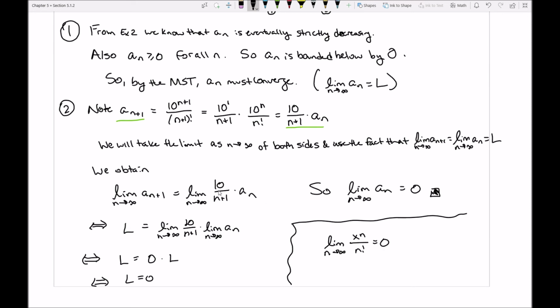Notice x is just a placeholder where this 10 value used to be. That is, I could make the same argument regardless of whether I had a 10 in there or a 15 or a 2 or a 6.9 or a pi. It doesn't matter. So I'll write here that we will use this argument again in chapter 6, ultimately to show this fact here.